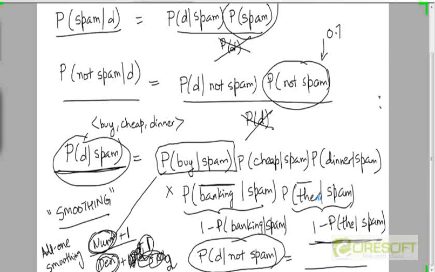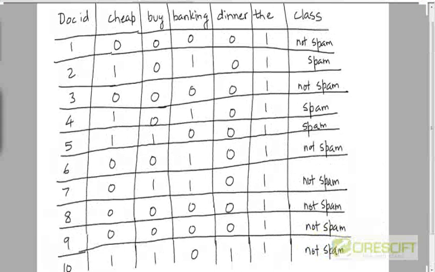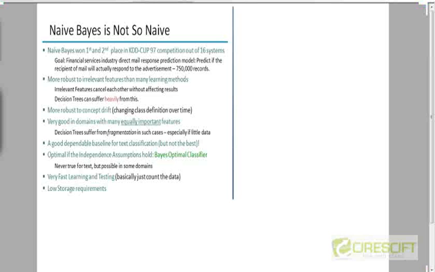So for the probability of the word given spam is x by y.